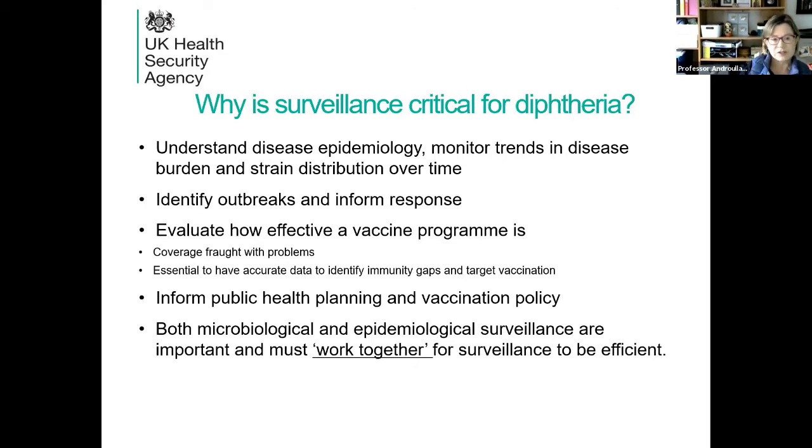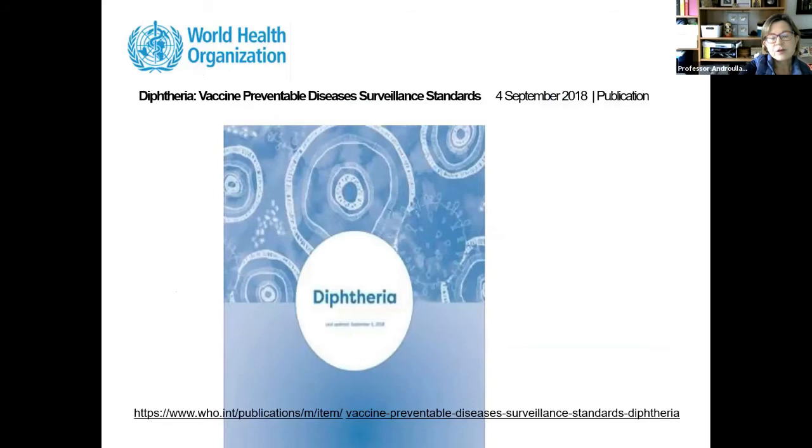However, I have to emphasize, again, it is very important to have both microbiological and epidemiological surveillance. And microbiologists and epidemiologists must work together for surveillance to be efficient. This is a publication which is available from WHO. It's the Vaccine Preventable Diseases Surveillance Standards, which provides a lot of information on surveillance.